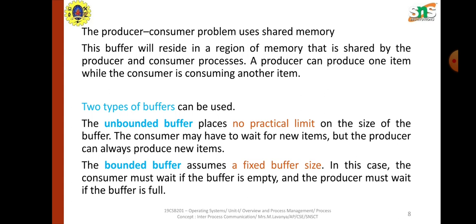For example, let's say there is a large parking space. Let's take it as a ground or open space. In this, n number of vehicles can be parked at the same time. This can be used as an example for unbounded buffer.